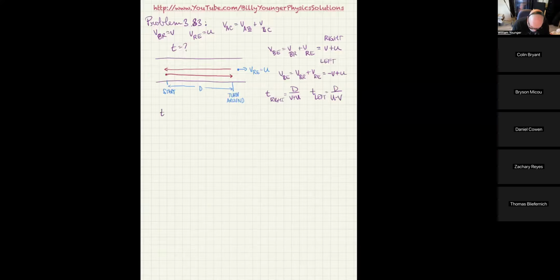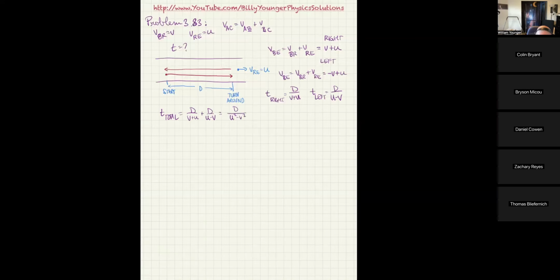So t total is equal to d over v plus u plus d over u minus v, which you can go ahead and make this d over u squared minus v squared.